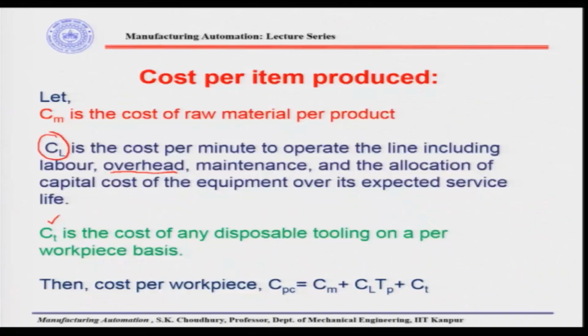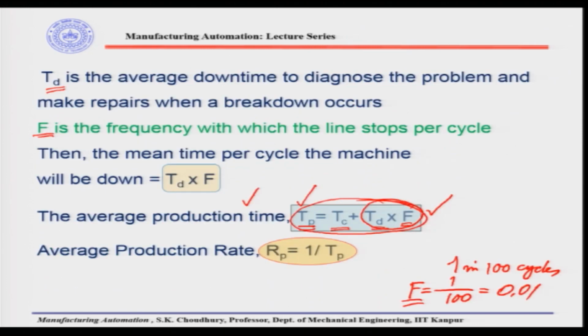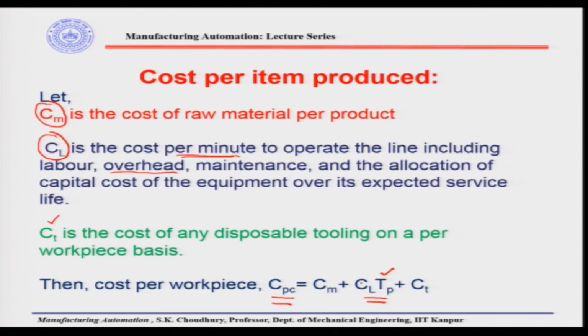Therefore, the cost per workpiece will be equal to CM plus CL into TP, because CL is the cost per minute. So, that has to be multiplied by the TP, which we have found out. This is the TP, which is TC plus TD into F, and that will give you the CL into TP plus the cost of any disposable tooling, which is the CT.